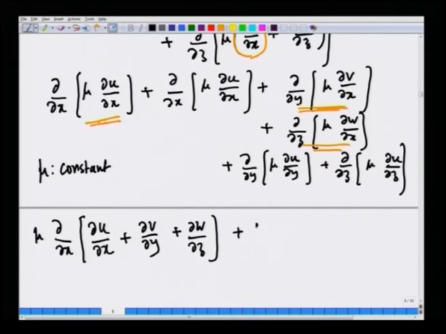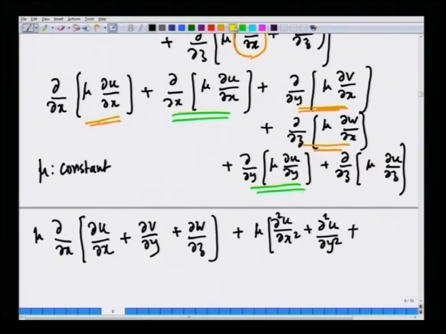plus mu, then you can write this term as partial squared u partial x squared, this term as partial squared u partial y squared plus this term as partial squared u partial z squared. Now, this term is identically 0 from the continuity equation.